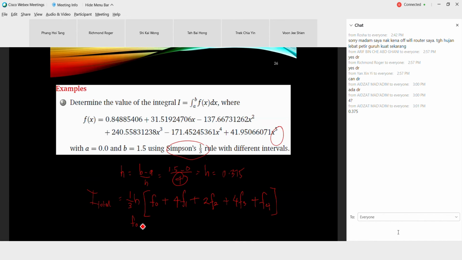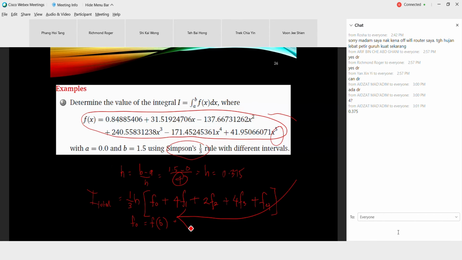So F naught is basically F at 0 because we start with 0. Put in all this equation here. Change your x value first with 0. And then function 1 is basically function at 0.375.